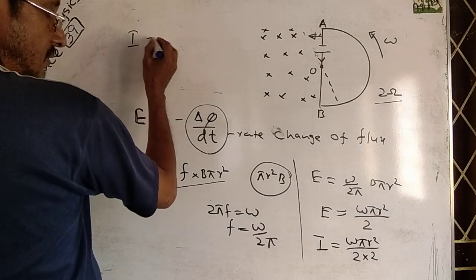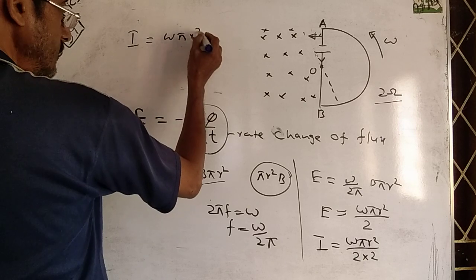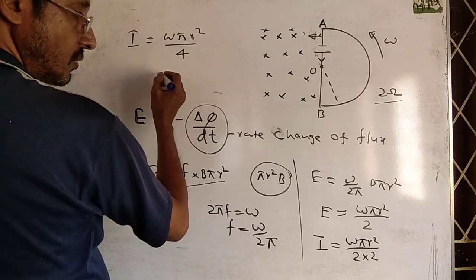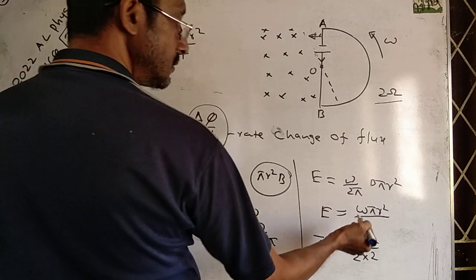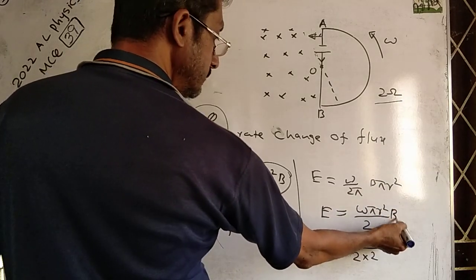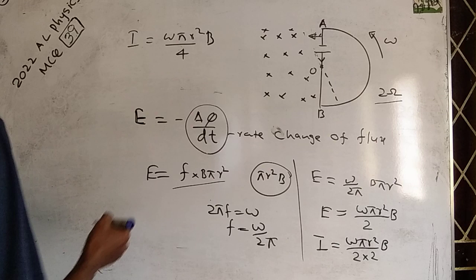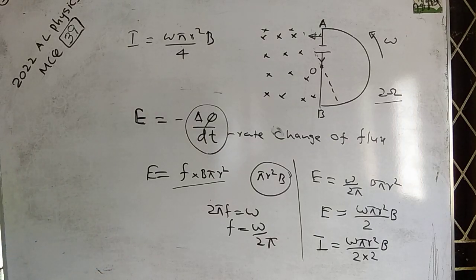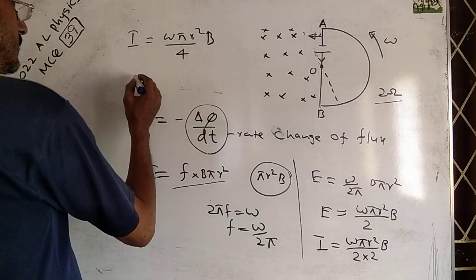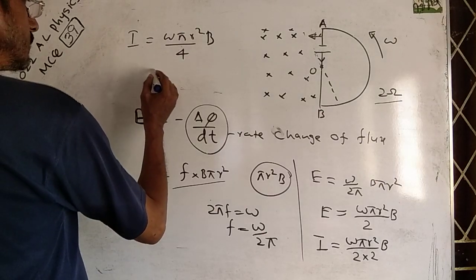I equals omega B r squared over 4 is the current. Therefore, the answer is the first one.